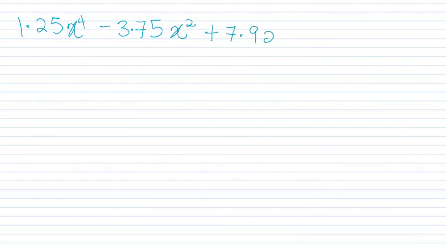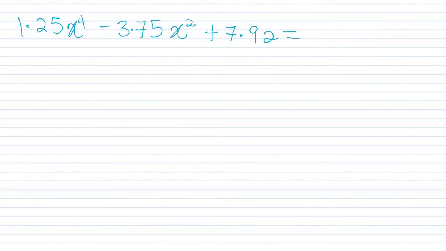So in this particular video, the first thing that we're given to solve is basically the fourth question of this series. So we're given 1.25 x to the fourth minus 3.75 x squared plus 7.92.